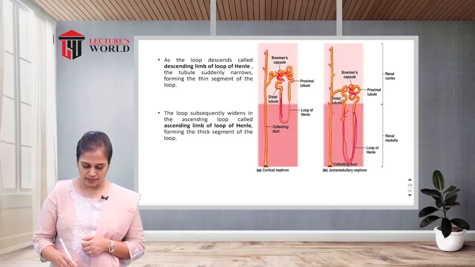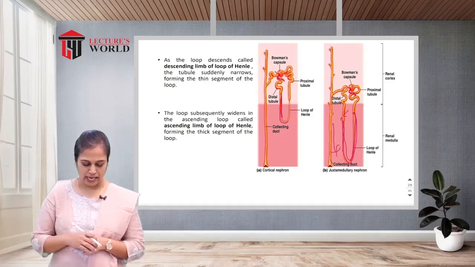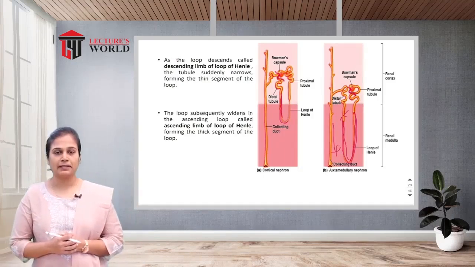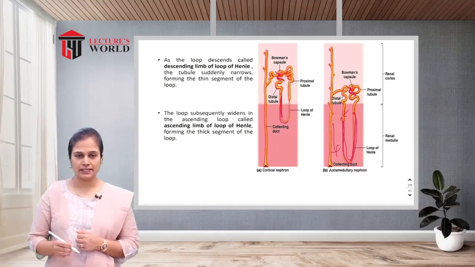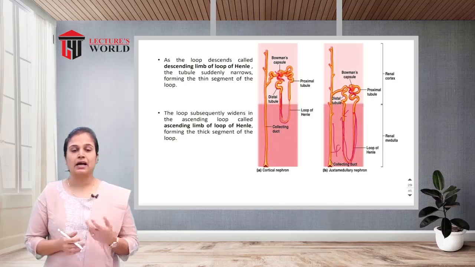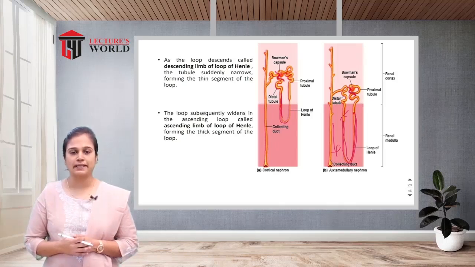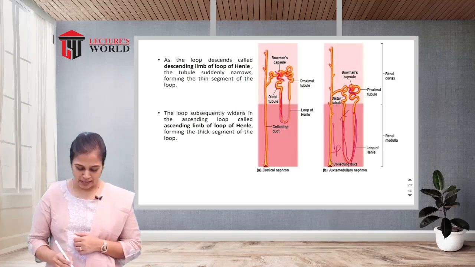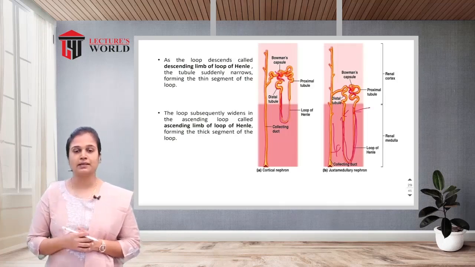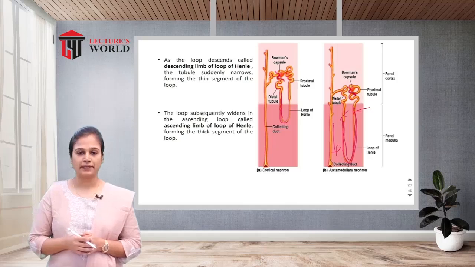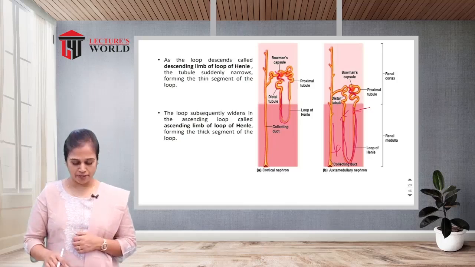So this is the descending limb. The loop subsequently widens in the ascending limb of the loop of Henle, which is the thick segment of the loop.